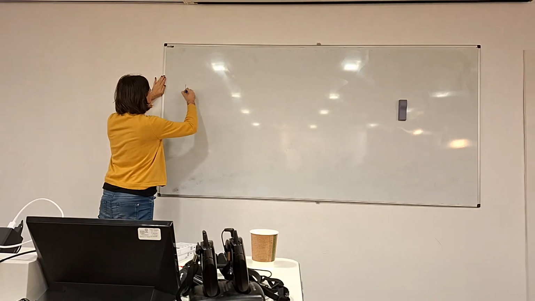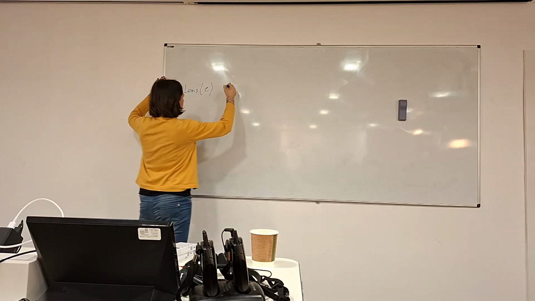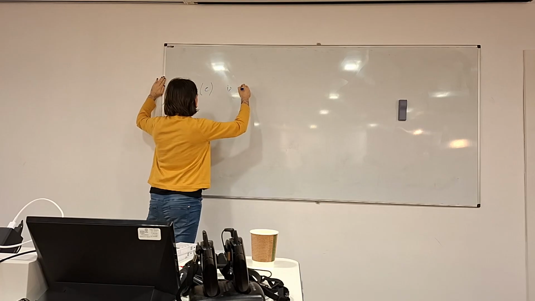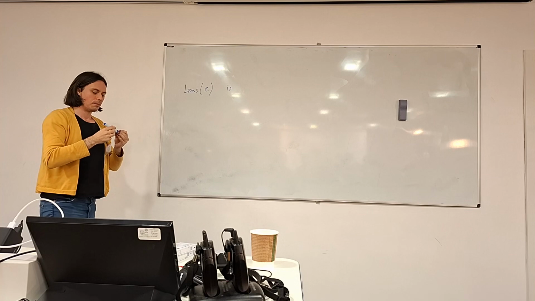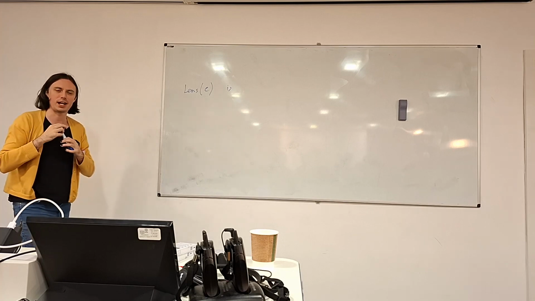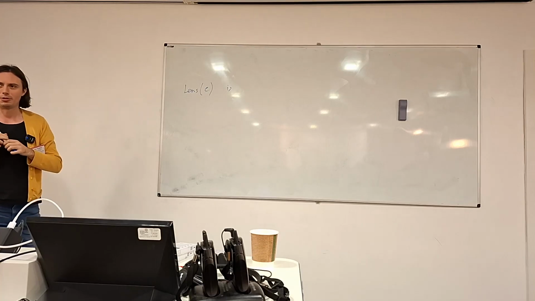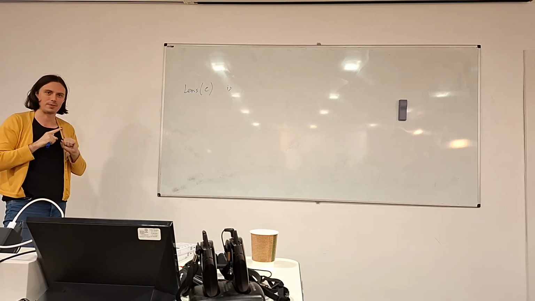So Lens C has a couple of monoidal products. It has a Cartesian product, which is given by the product of the objects in the forwards direction and the coproduct of the objects in the backwards direction.